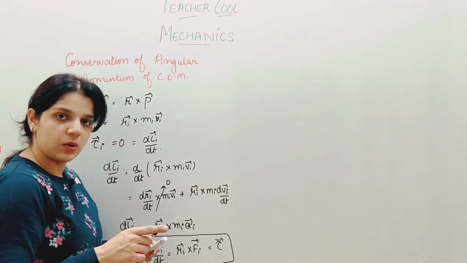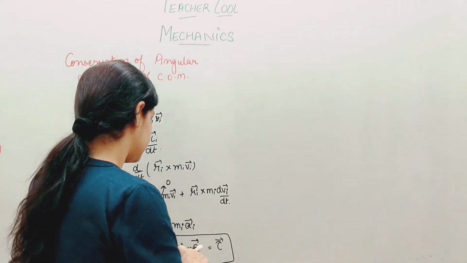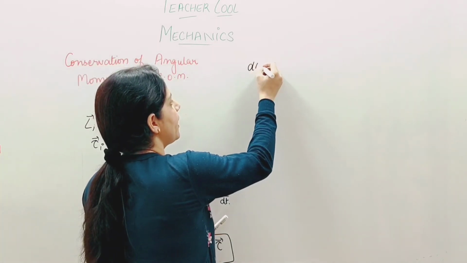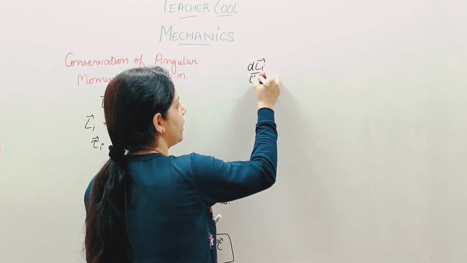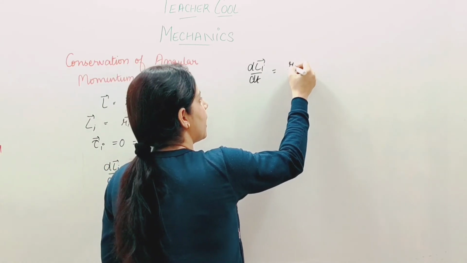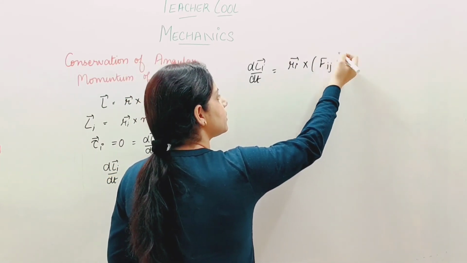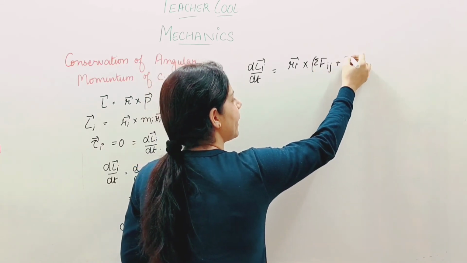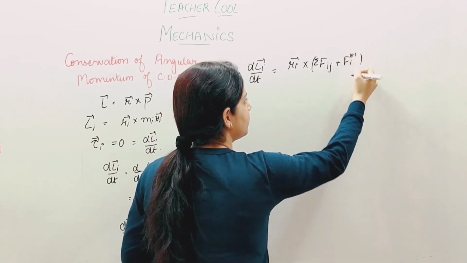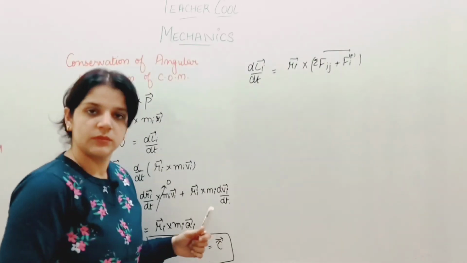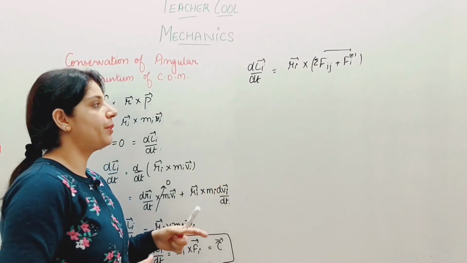From here, now I will say that dLi vector by dt is equal to Ri vector cross the summation of Fij plus Fi external, whole vector, just like we did in the previous topic.